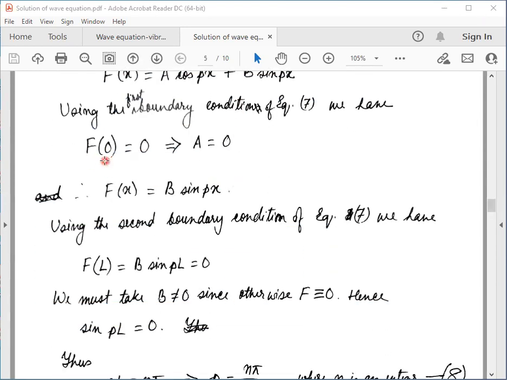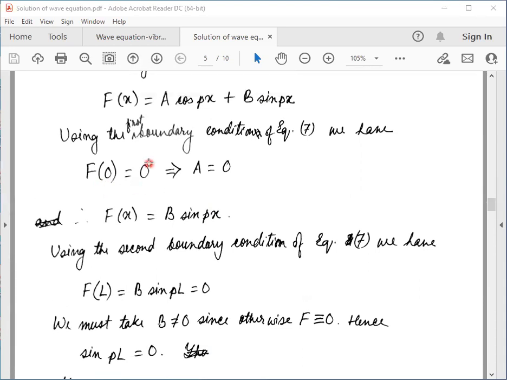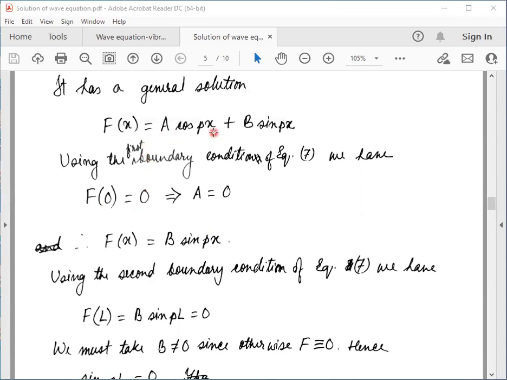First, let us use the first boundary condition. At x equal to 0, the function is 0. So when you put x equal to 0 here, cos 0 is 1, so that means this is only a. And sine 0 is 0, so the second term is absent.